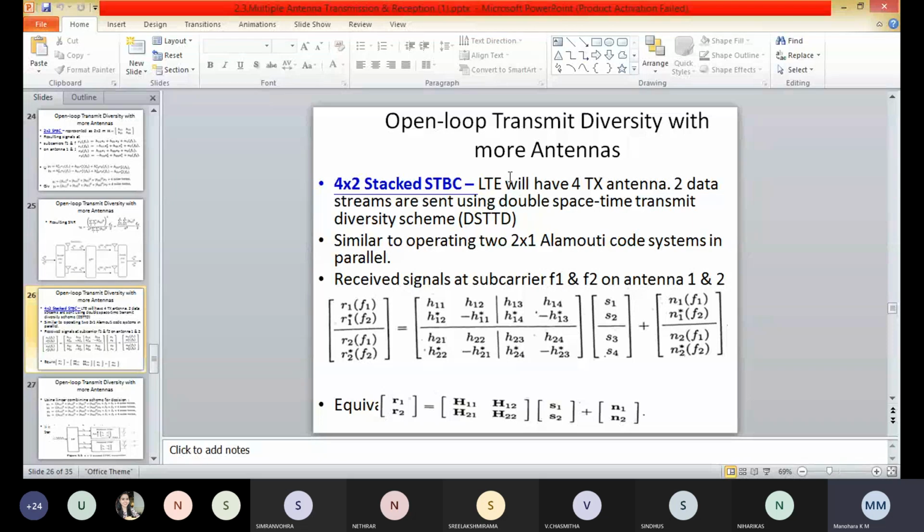In this case, 2 streams can be sent using a double space time transmit diversity, that is the DSTTD scheme, which essentially consists of operating two 2x1 Alamouti code systems in parallel. DSTTD, also called stacked STBCs, combines transmit diversity and maximal ratio combining techniques along with a form of spatial multiplexing.